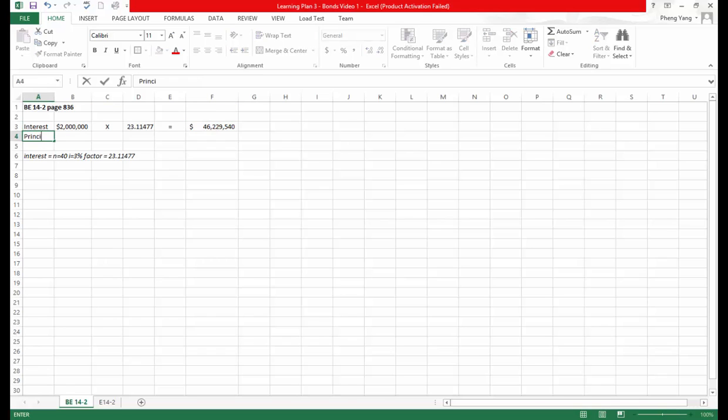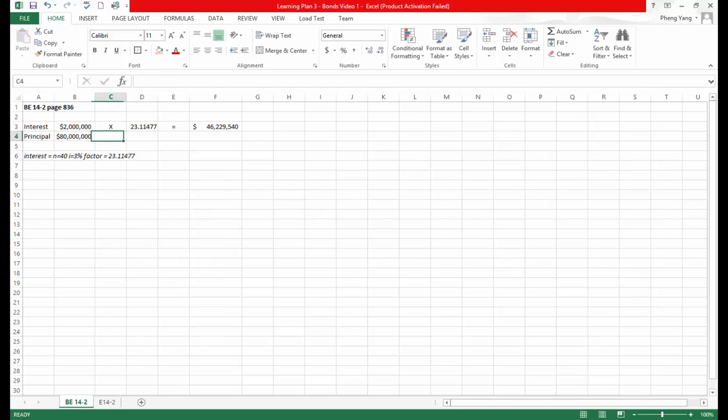And then for the principal, we will have to use a different table because the principal is only one payment of 80 million. Our N is going to be 40 because it's for 40 periods, and interest is going to be 3%.